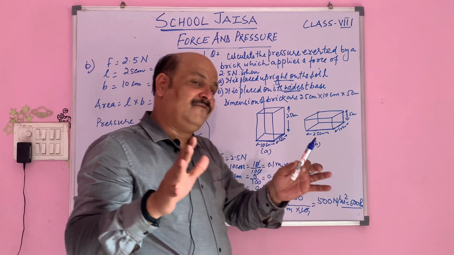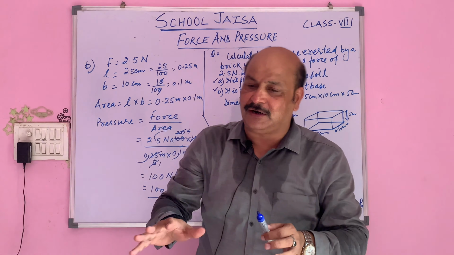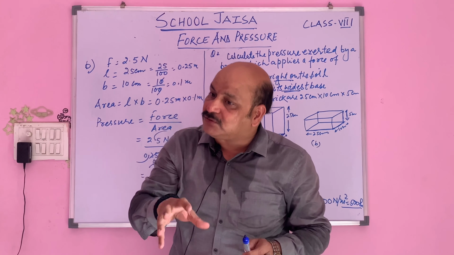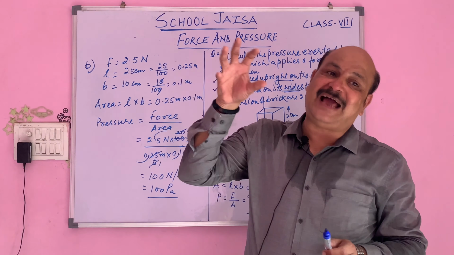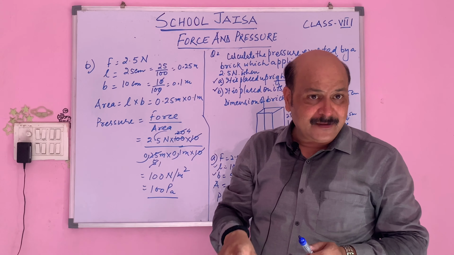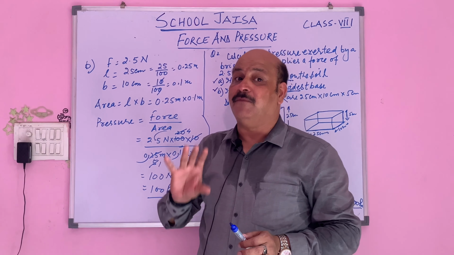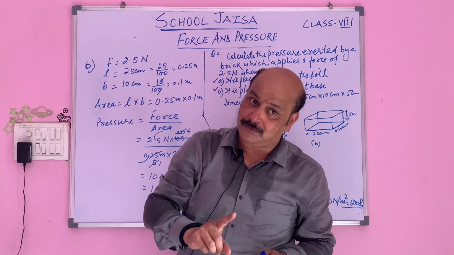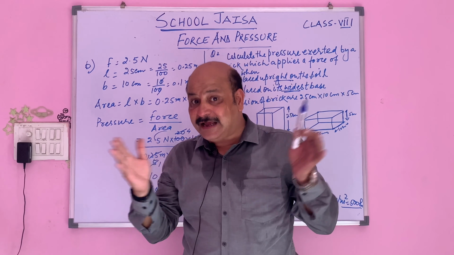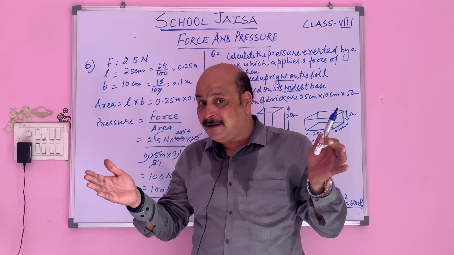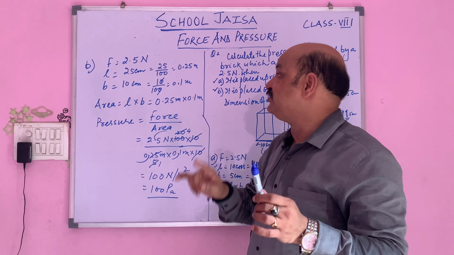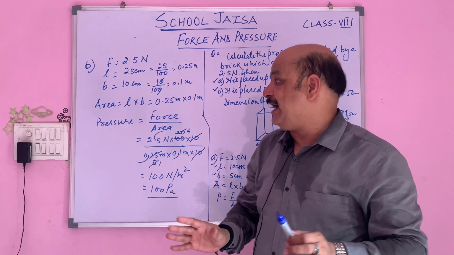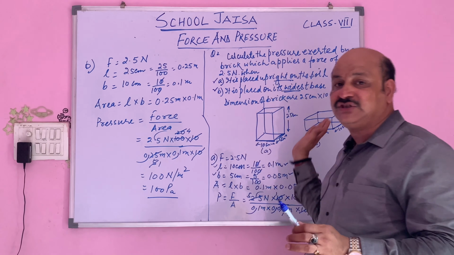That whenever a force is acting on a body, it also has to be seen on what area it is acting. If it is acting on a lesser area, then the effect of the force would be more, pressure will be more. If it has a greater, bigger area, then the effect of the force would be less and the pressure exerted would be less, and that we can see with the help of these two examples.